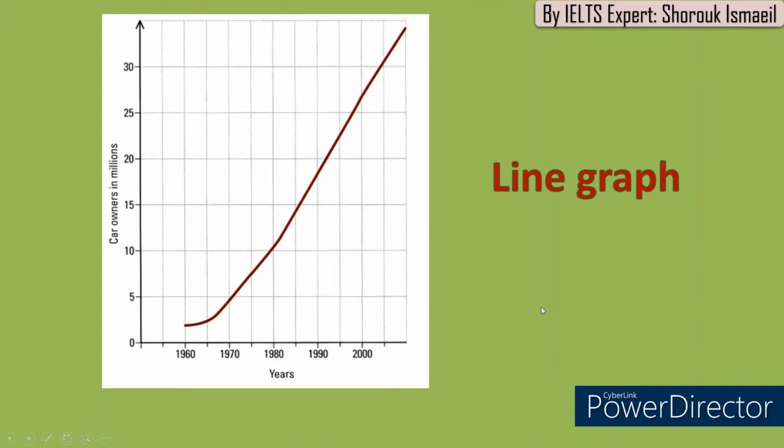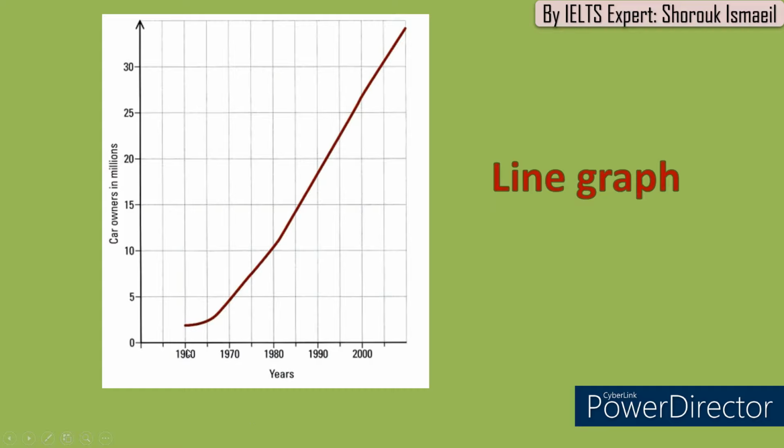Line graph. Line graphs show how information or data change over time. They highlight trends. The line graph shows the changing trends in the level of car ownership in Britain. It looks very simple, but it may not be. Let's have a look at this example we have here.